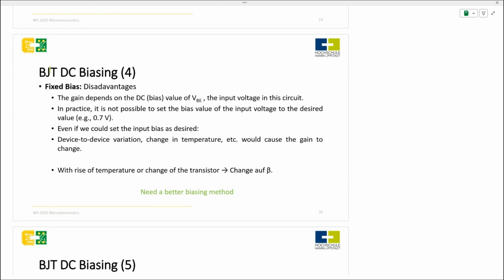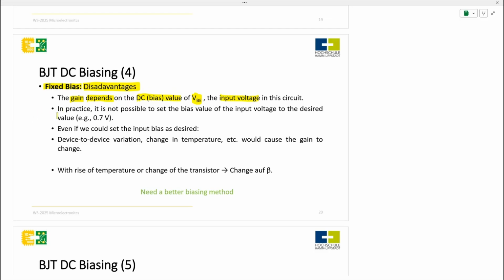Okay, but of course, as there are advantages, we have disadvantages. Our fixed bias method has some disadvantages. The gain depends on the DC value of VBE, the input voltage in the circuit, which means when something happens at the input, then your biasing would not work.